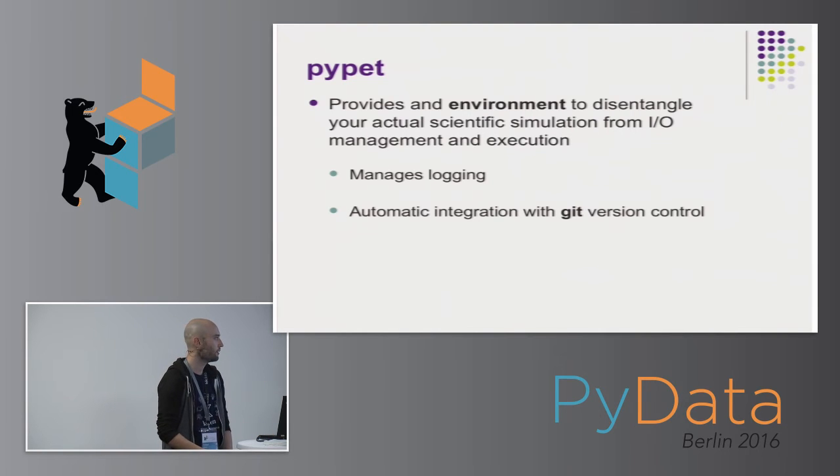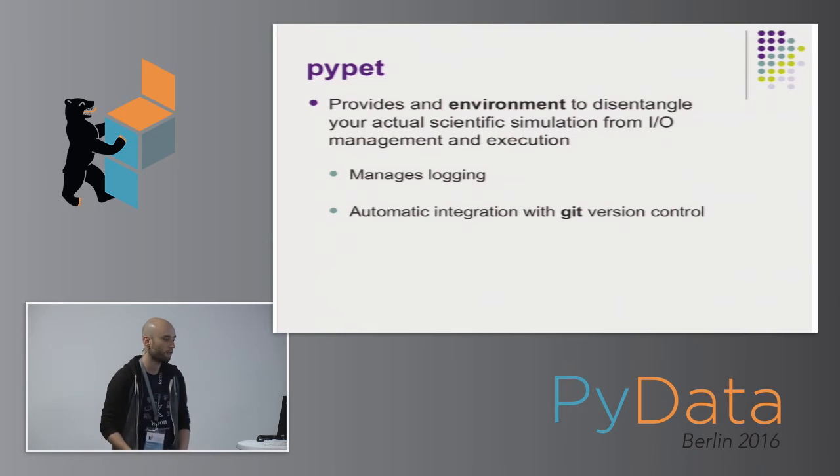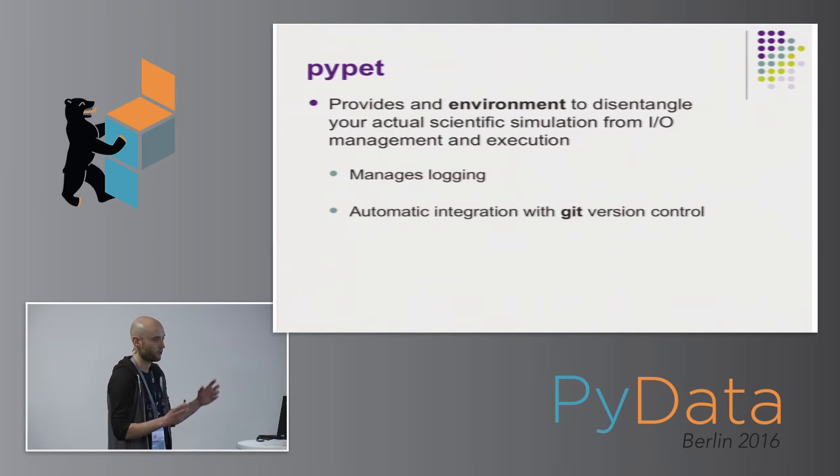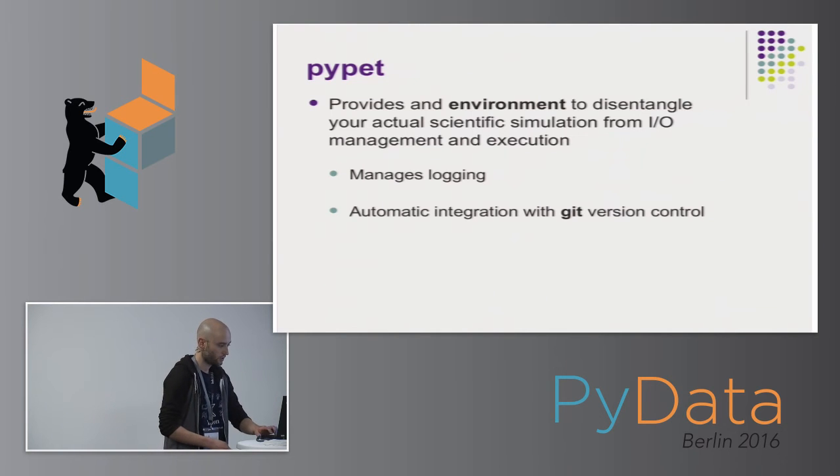It nicely integrates with Git. If your code base is under Git version control, it will either complain if you try to run a simulation with new code that hasn't been committed yet, or if you wish, it will start an automatic Git commit for you and add the commit message to your trajectory.